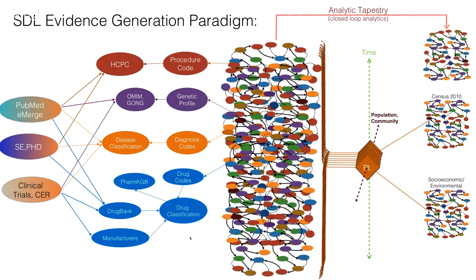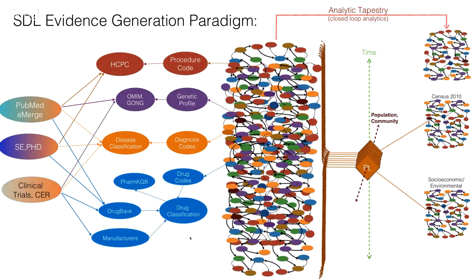We also have a mechanism you probably noticed that we call analytic tapestry, which is a consistent process of returning results of analytics every time it happens back into the semantic data lake and closing the loop on collecting this information as part of our larger vision to build a big data environment.